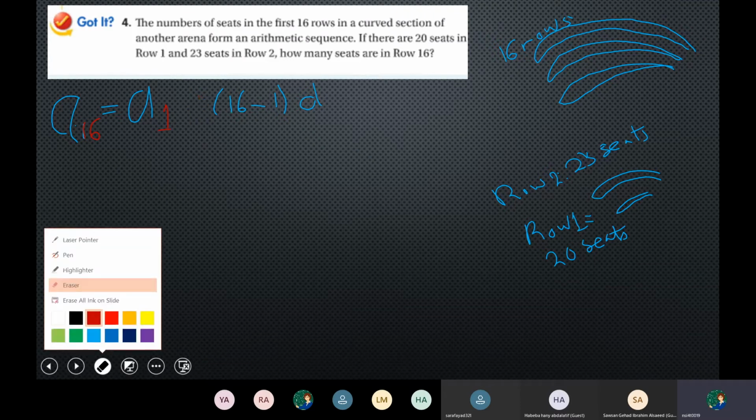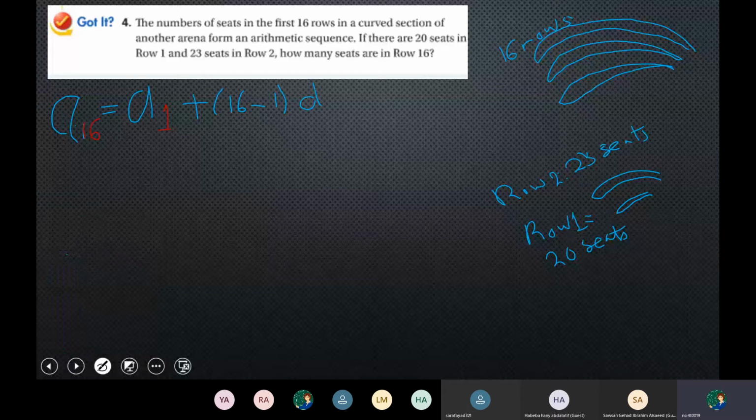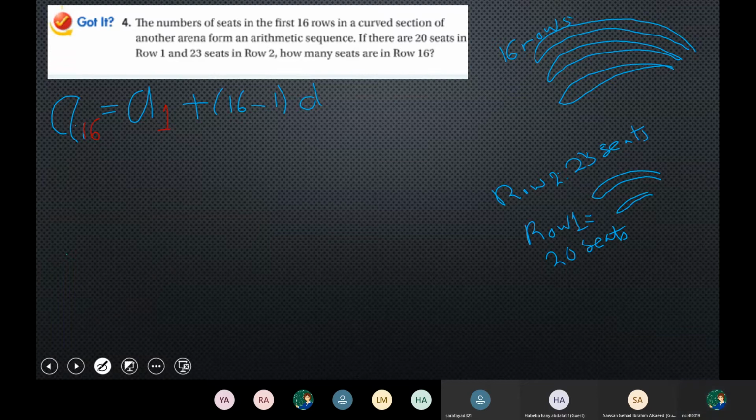Yes, Habiba, then? So 20 plus 16 minus 1.